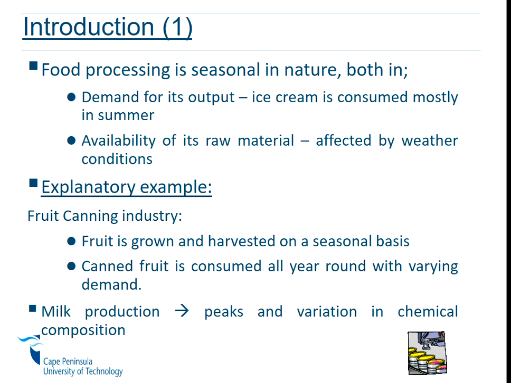So we also know that although milk can be produced throughout the year, there are peaks and variation in the chemical composition of the milk that is produced by cows. And just think, for example, now it's winter. Most people are accustomed to eating soups, right? So you find that a lot of people will be buying lentils, beans, samp, and beans because this is the season where people are eating mostly these types of foods.